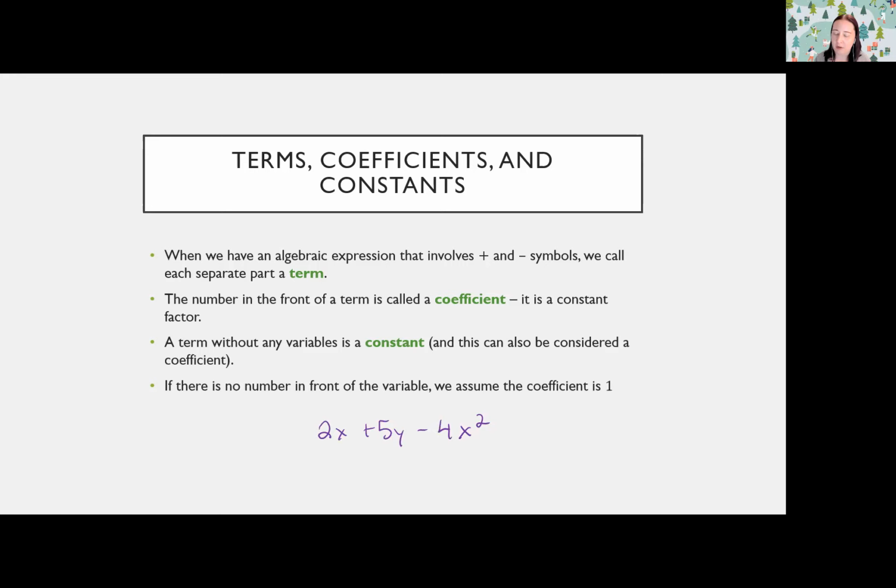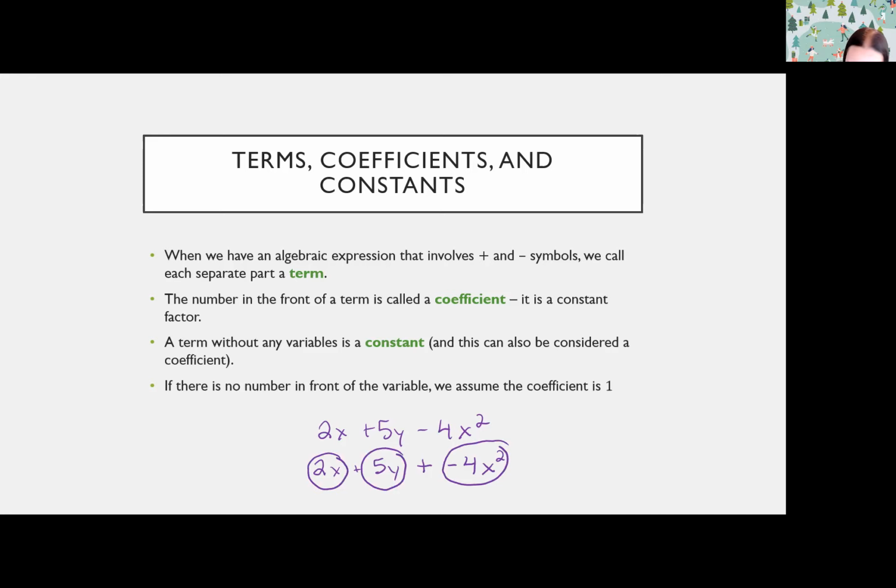It's algebraic because it has variables in it. So each part is a term. So we can write this, if you have a subtraction, you rewrite it as adding a negative, going back to that definition of subtraction I talked about. And the terms are the things separated by the plus signs.